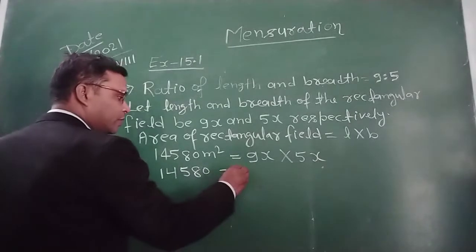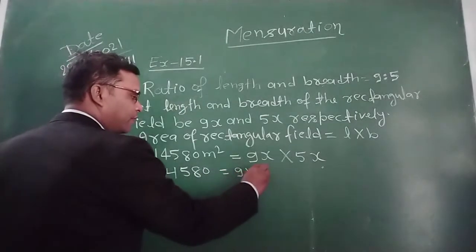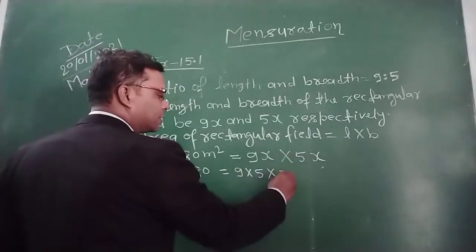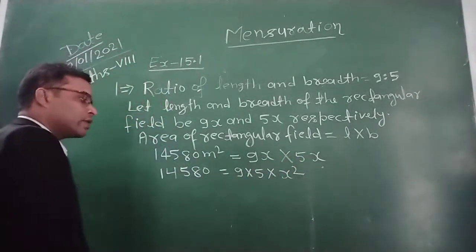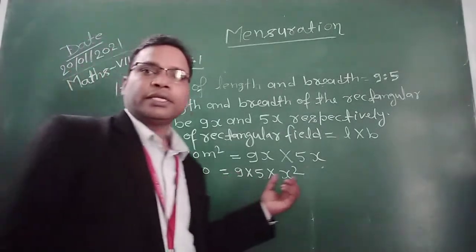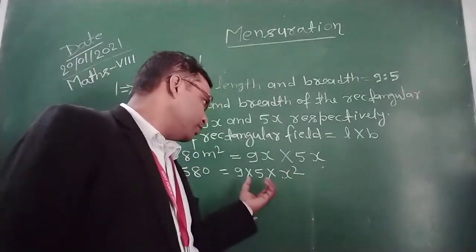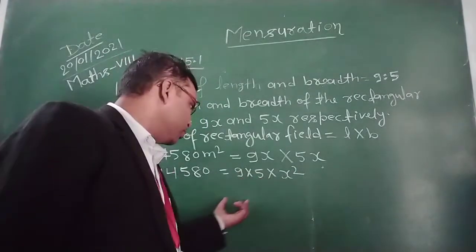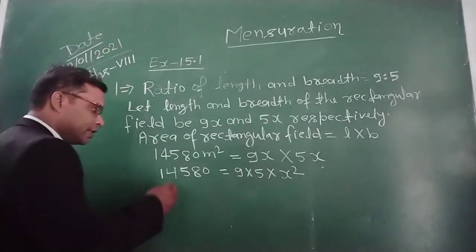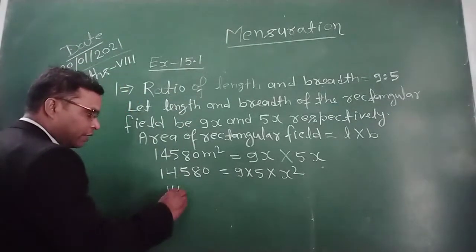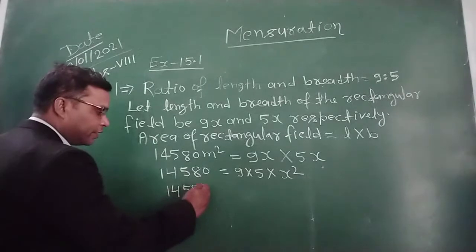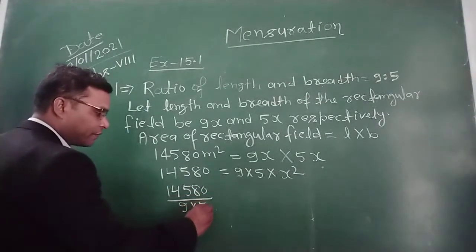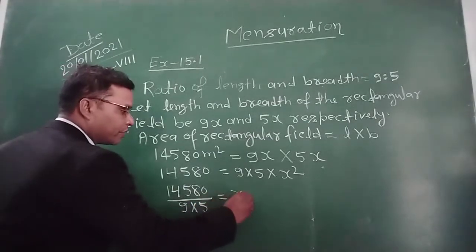This is equal to 9 into 5, which becomes 45, and x into x becomes x square. So we need to find the value of x. First we transpose 9 into 5, 45, to the left hand side. Then we get 14,580 divided by 9 into 5, equal to x square.